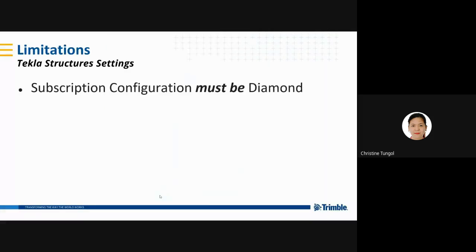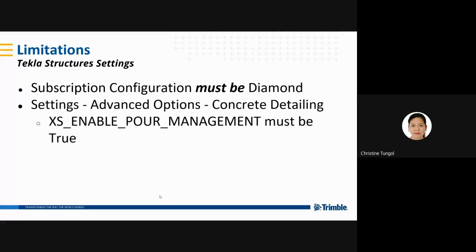So as of now, the limitations of this enhancement are two. The subscription configuration must be Diamond, and the option forport management must be true. If this is not set, the option must be changed, then save the model, and then reopen Tekla Structures.